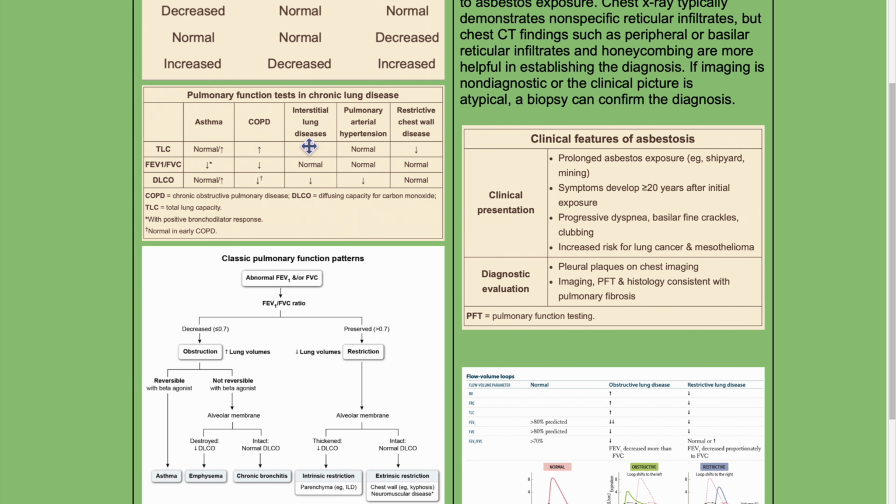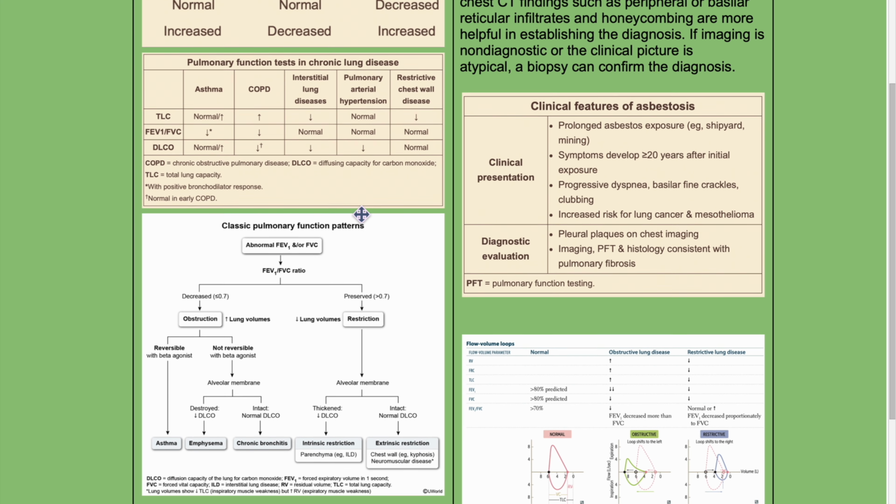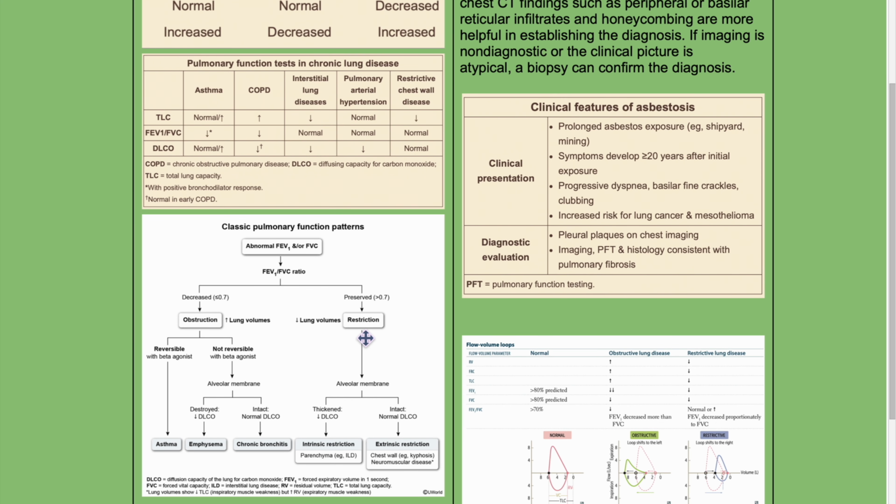This is just to go off of that. Classic pulmonary function patterns, abnormal FEV1 to FVC. If it is preserved, like it is in this case, then it's restriction, decrease in lung volumes.